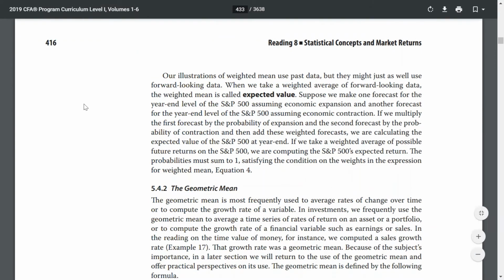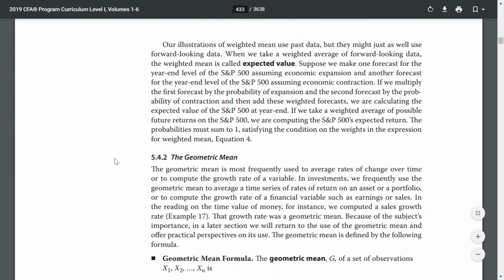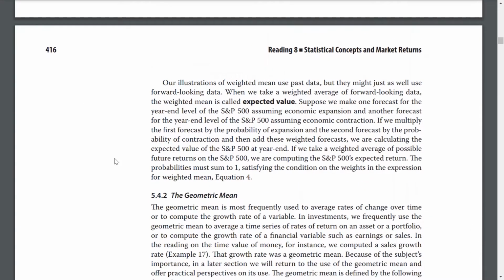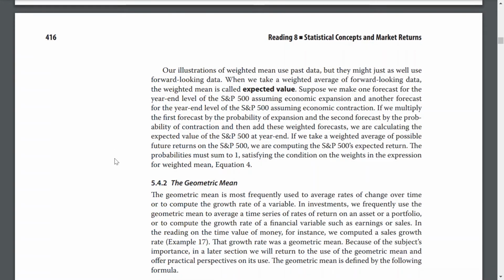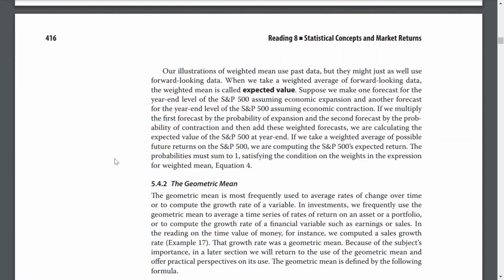Our illustrations of weighted means use past data, but they might just as well use forward-looking data. When we take a weighted average of forward-looking data, the weighted mean is called the expected value. Suppose we make one forecast for the year-end level of the S&P 500, assuming economic expansion, and another forecast for the year-end level of the S&P 500, assuming economic contraction.